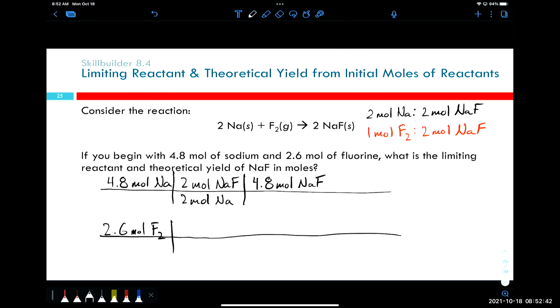So again, the unit that we want to remove here is moles of fluorine, so we'll put that in the denominator. We want to replace that with moles of sodium fluoride, so we put that in the numerator.